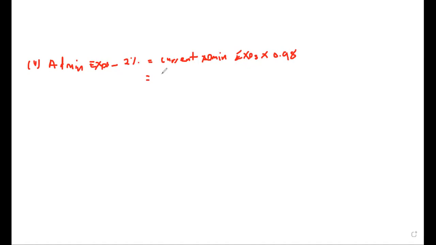So our current administration expenses, which is currently at 105, we now reduce by 2%. So we multiply by 0.98. When you multiply 105,000 times 98%, what are we talking about?